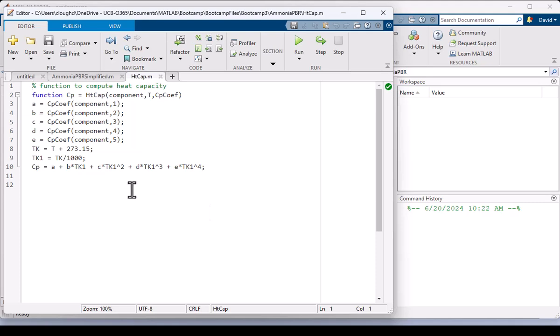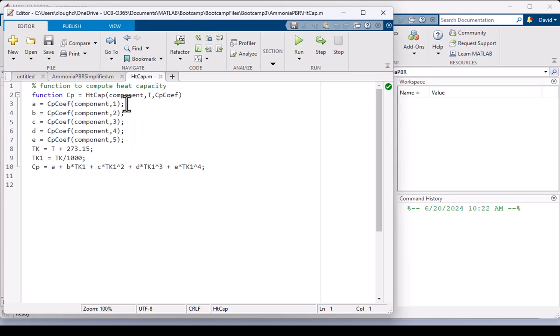And we come back here, and what we see is heat cap takes an argument first, which is a component index, all right? And this then becomes the row that gets the coefficients that we need for that particular component. And 1, 2, 3, 4, 5 are the 5 columns in that array, the CP coef array that comes through as an argument.